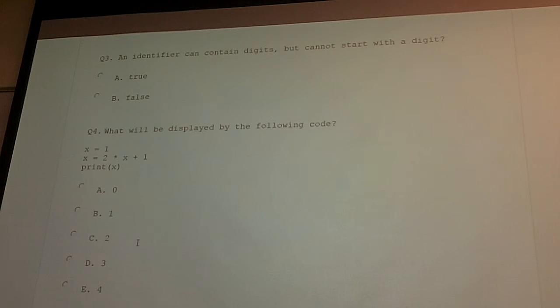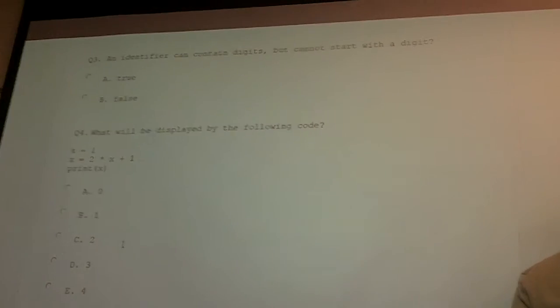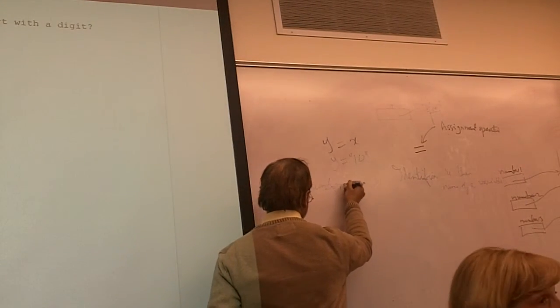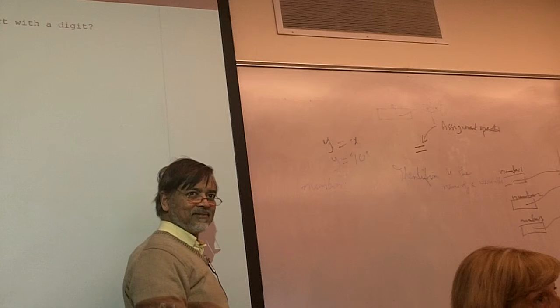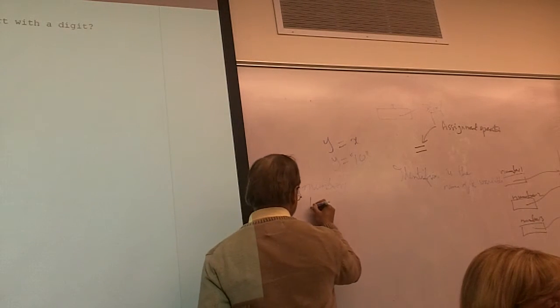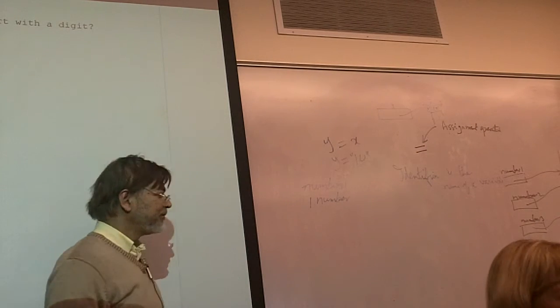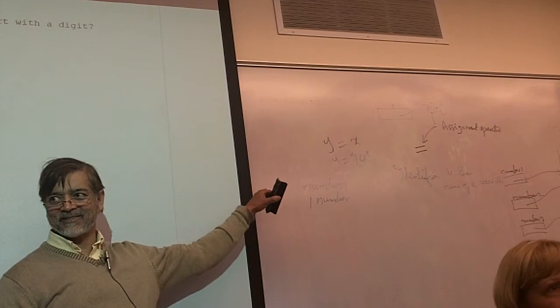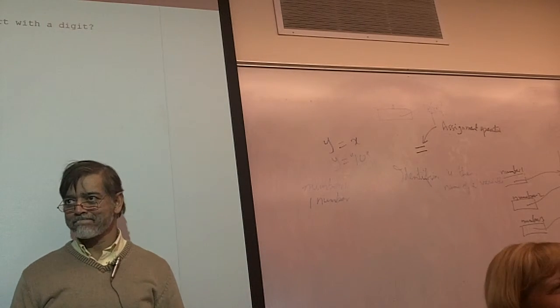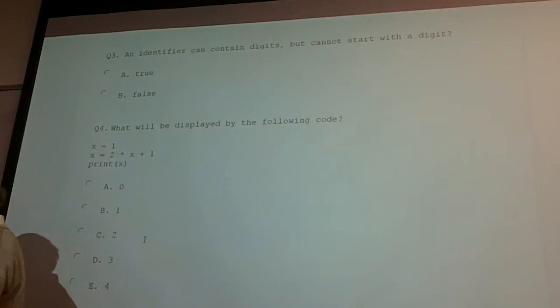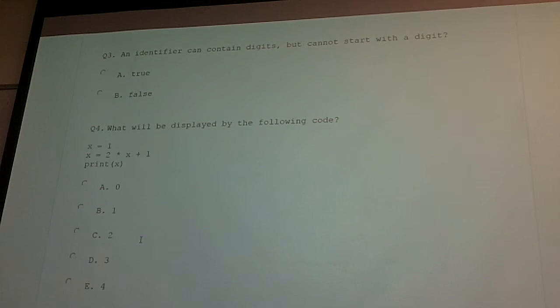Number 1 is a valid identifier. It's legal. But 1 number? No. It cannot start with a digit. It has to start with an alphabetic character.